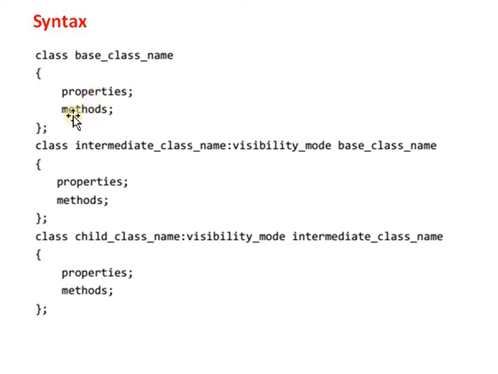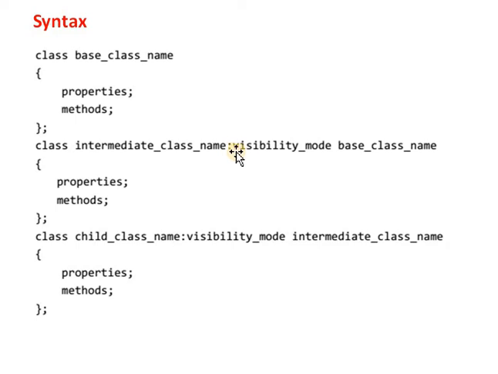Then after that, there is an intermediate class, a middle class. How is that class defined? By using the same class keyword. After the class keyword, there is the intermediate class name. Then after that, we apply the colon operator.